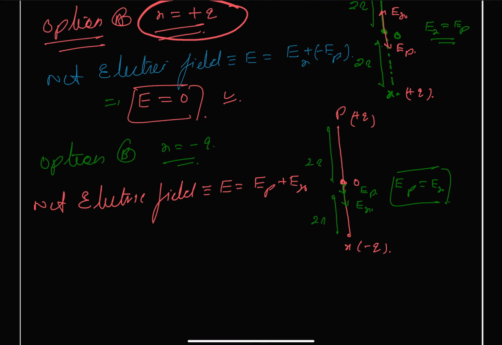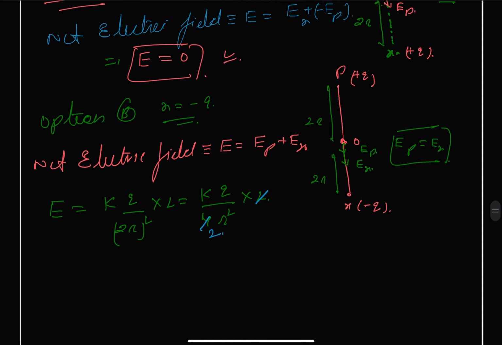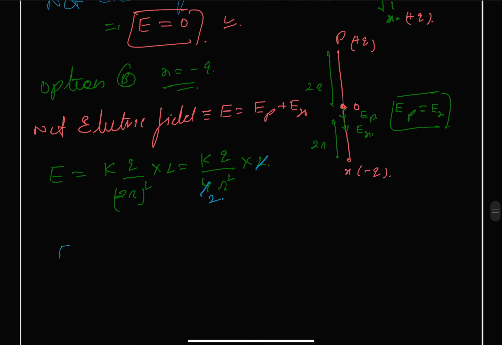Therefore we can write E will be equal to, this will be EP, which is KQ upon 2r square, and they are the same, so multiply by 2, which comes as KQ upon 4r square multiplied by 2. This 4 goes by 2, so we get our electric field E equal to KQ upon 2r square.